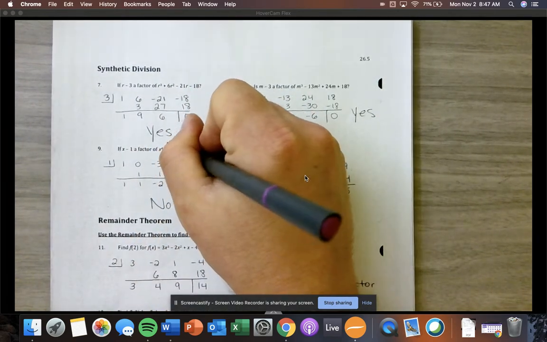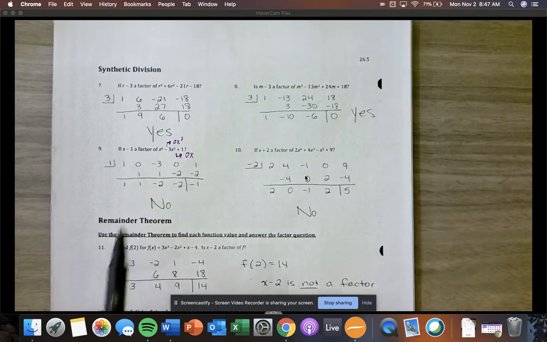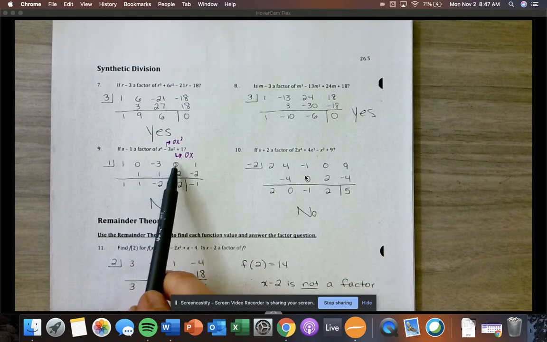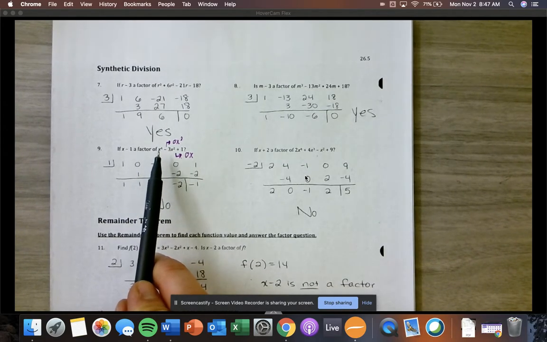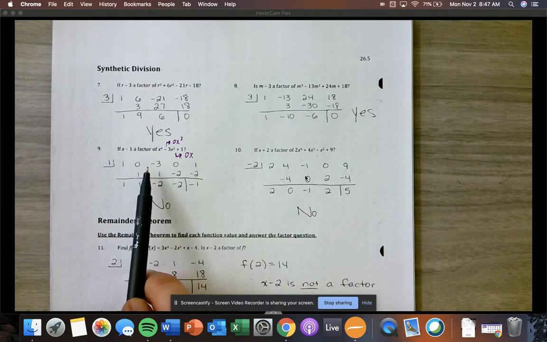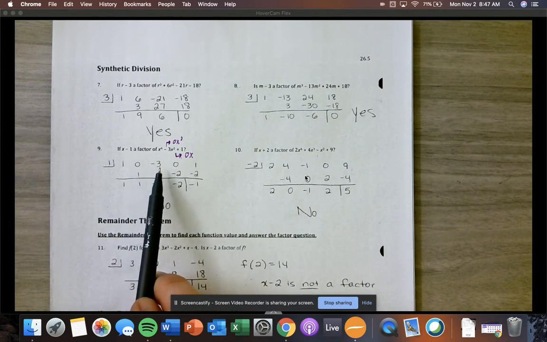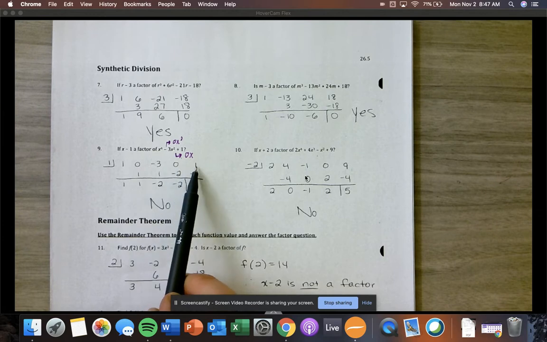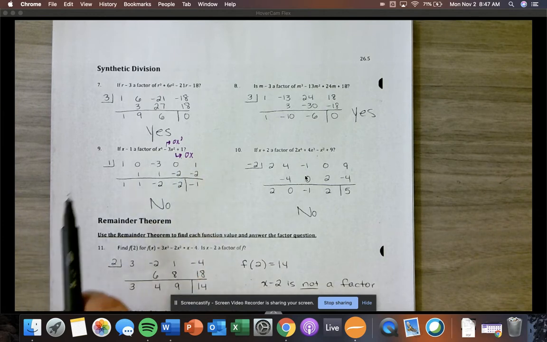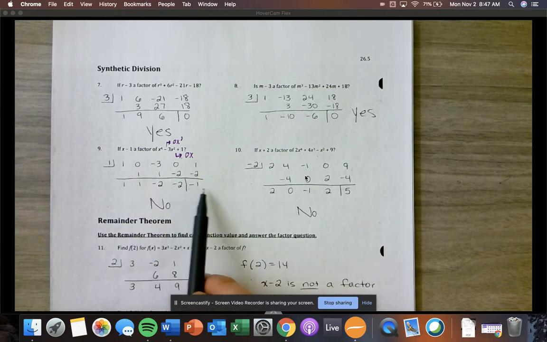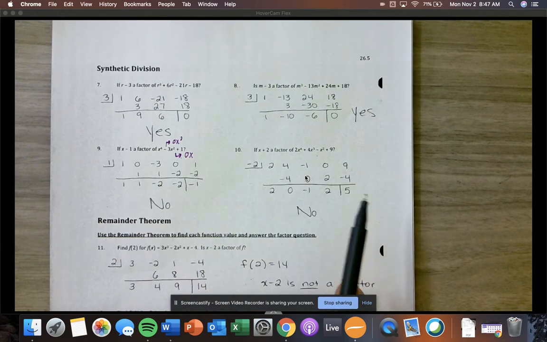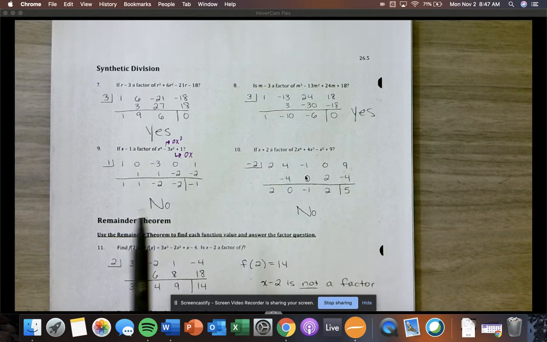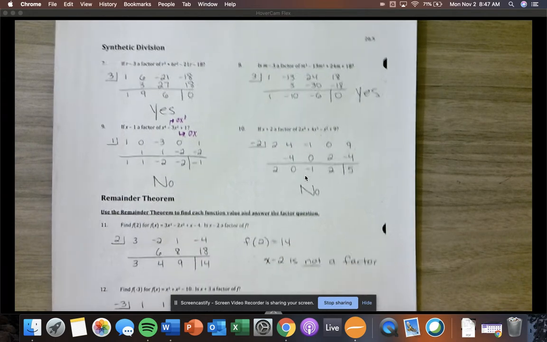We just assume it's a 0 times x, which is why when we write out the coefficients, it's 1x to the 4th, it's 0x cubed minus 3x squared, 0x, and then positive 1. Right? And in this case, it gave us a remainder of negative 1, right? And if we have any remainder that's not 0, it is not a factor, right? Let's keep going.